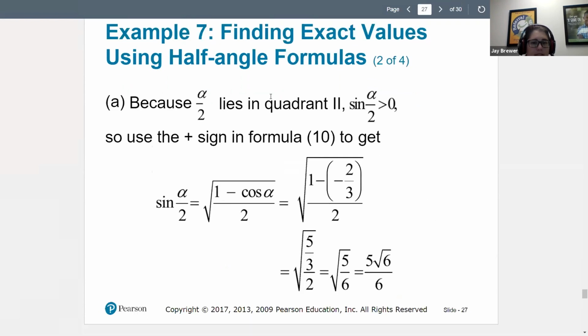Because we're looking at quadrant 2, we're going to use a positive sign for sine. And when you simplify and plug in and work everything out, you end up getting 5 square root of 6 over 6.